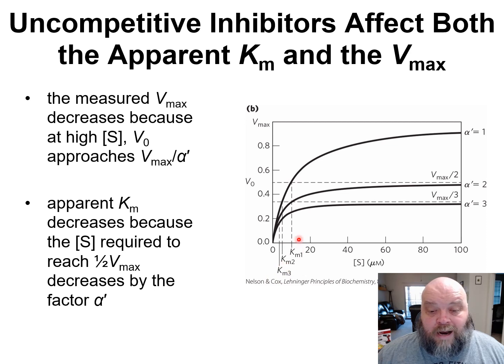So the Kms are actually going to be quite close to each other. Yes, there will be differences because as Vmax lowers, our half rate will lower, and we become more of a shallower hyperbola. But it's not the 10 to 40 change we saw with competitive.